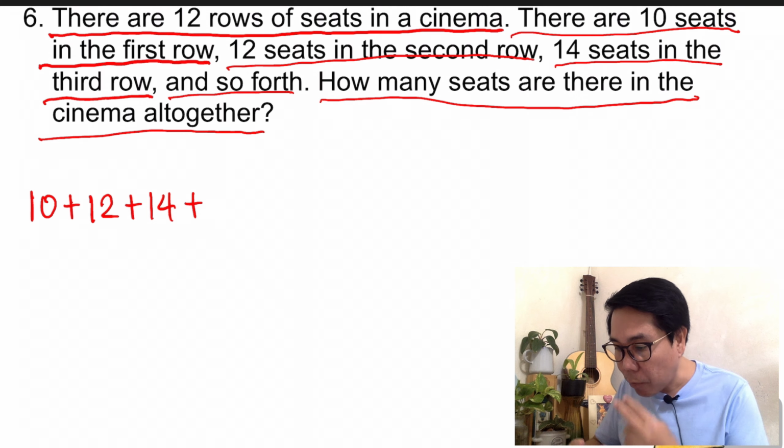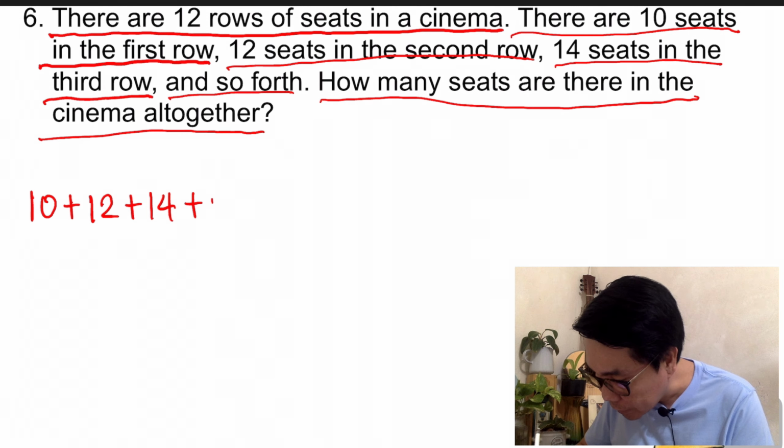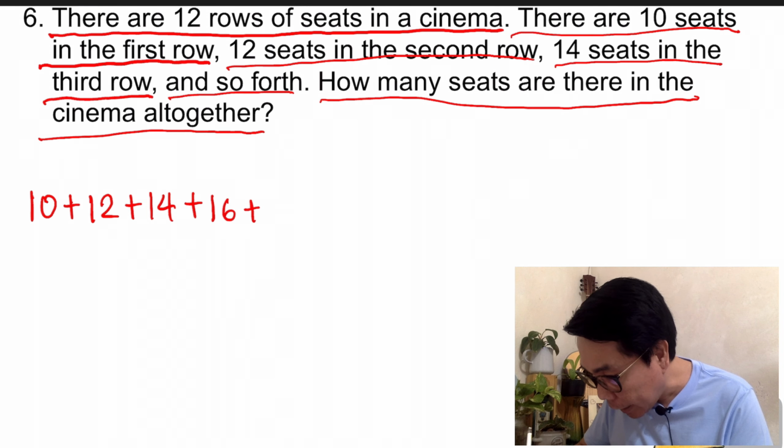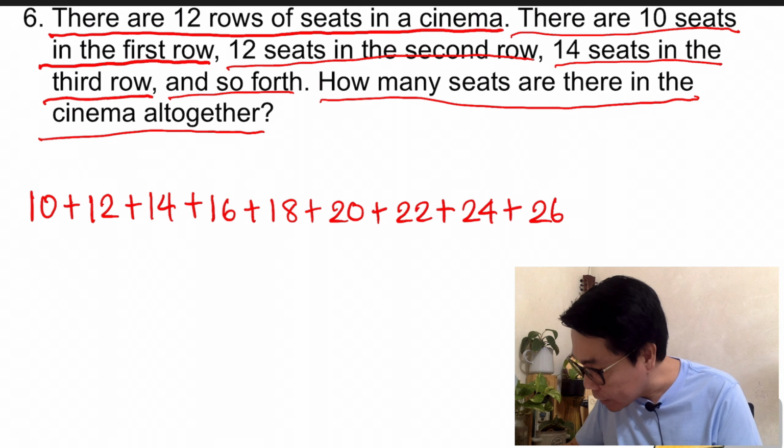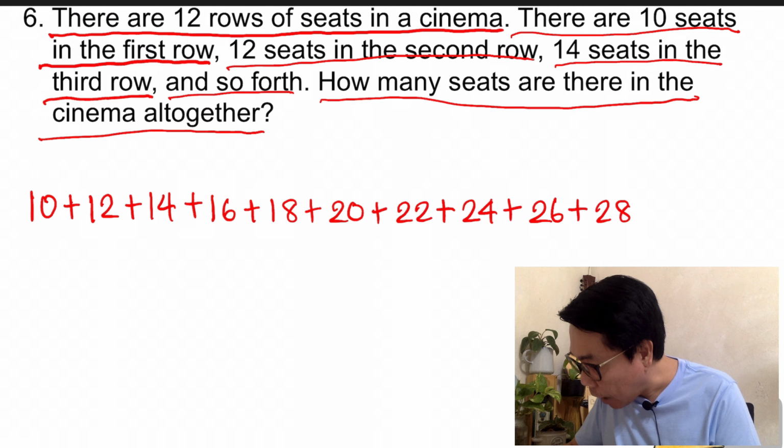After 14 plus 2 is 16. After 16, 18. After 18 is 20. After 20 is 22. After 22 is 24. After 24 is 26. After 26 is 28. After 28 is 30. After 30 is 32.